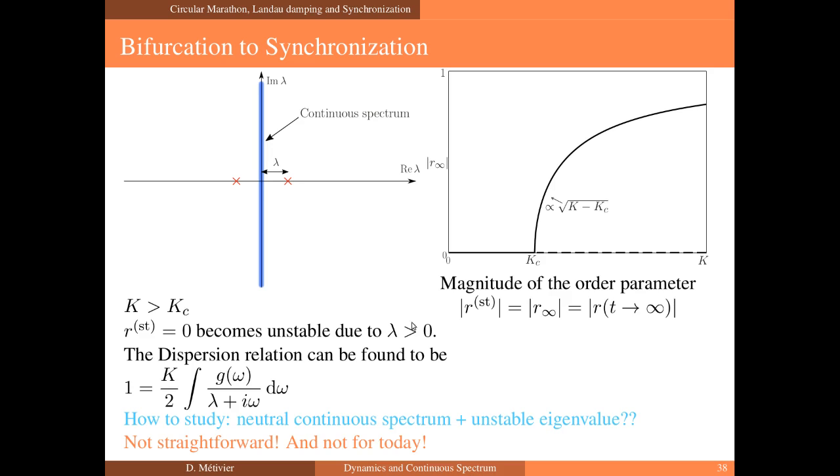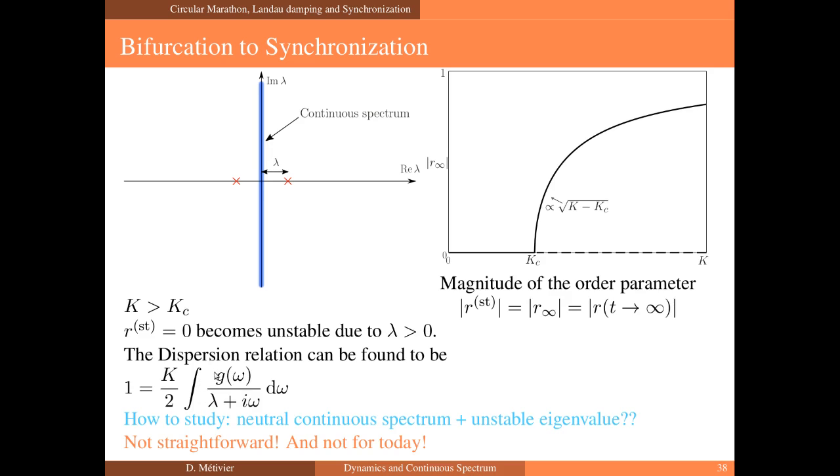And now it will become unstable because there will be some eigenvalue here that has a positive real part. There is also one here, but it does not do much to the dynamics that appear here. And you can find it with some kind of dispersion relation, as in the previous example, remember, where we had already encountered this type of dispersion relation.